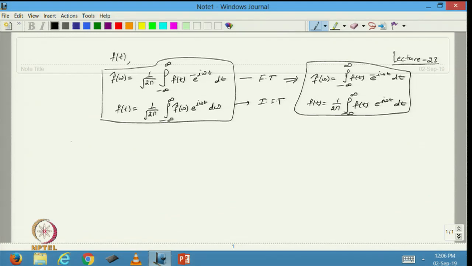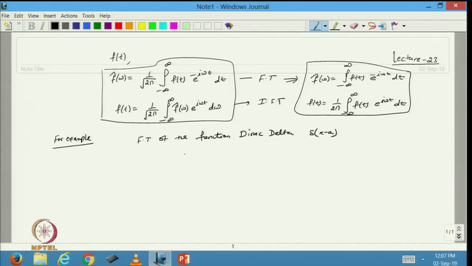For example, in the previous class I discussed the Fourier transformation of the Dirac delta function, delta(x minus a).